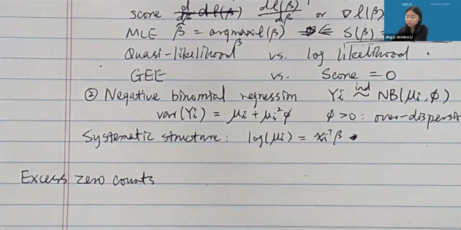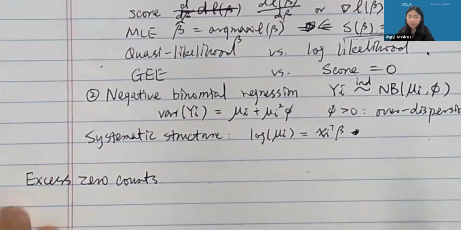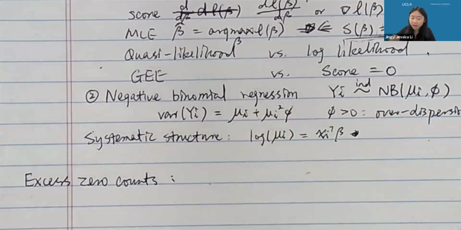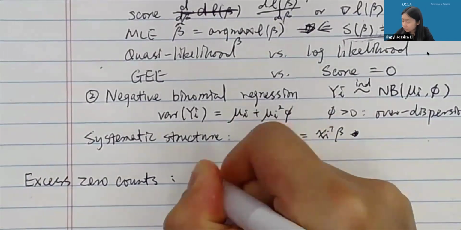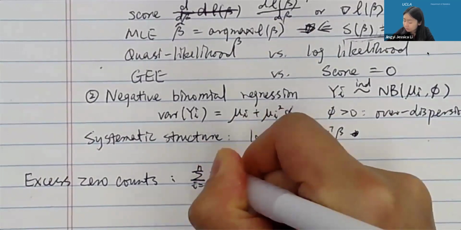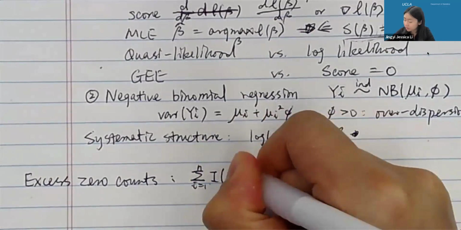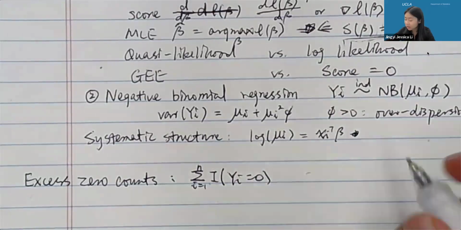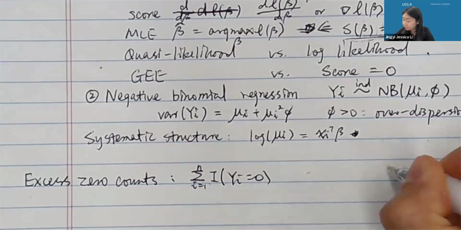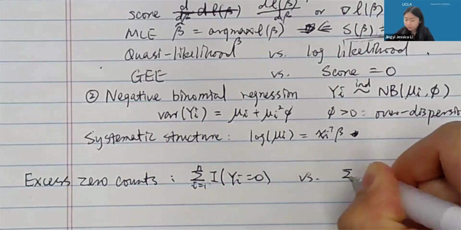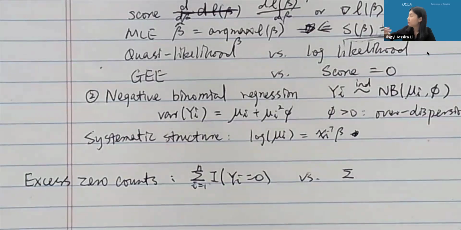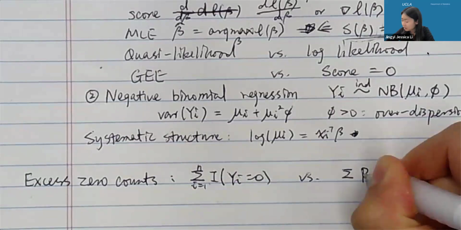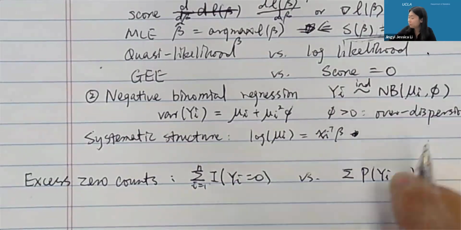So when our data have excess zero counts, we can tell this by just counting the number of zeros in our yi's. That is, we can compute the sum from i equals 1 to n of the indicator function that yi equals 0. We just count the number of zeros. And we check this number versus, if we assume the Poisson or negative binomial, the probability of yi being 0 for each yi.